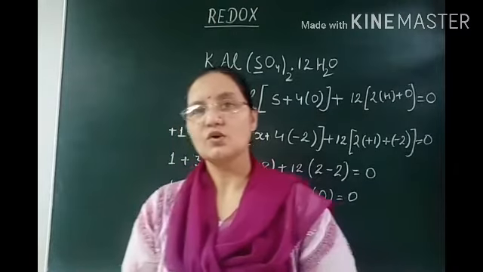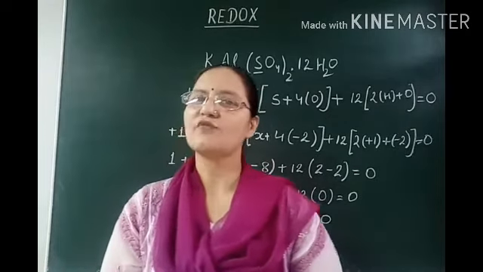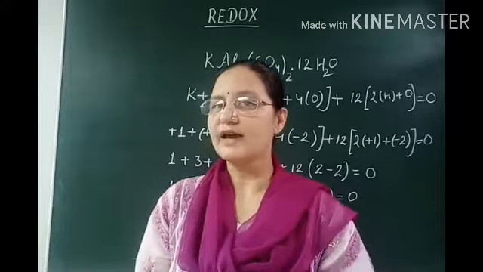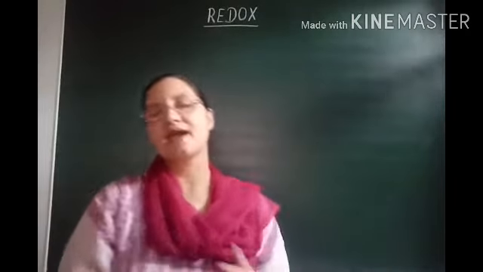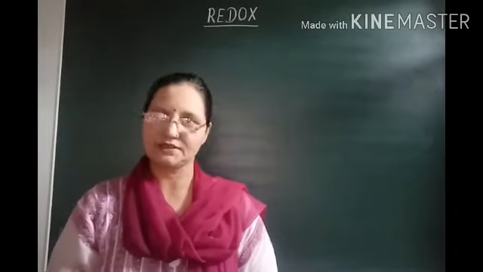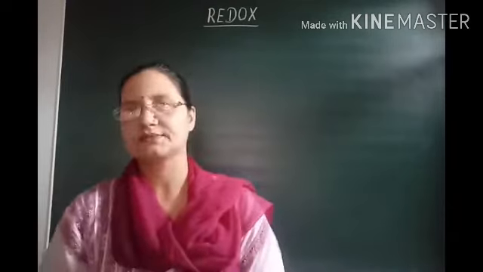So let us discuss the minimum and maximum range of oxidation state of an element. How can we decide the minimum and maximum range of oxidation number of any element? We can learn a simple rule for that.